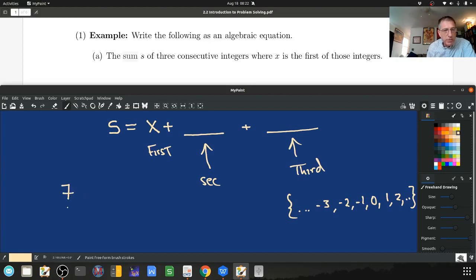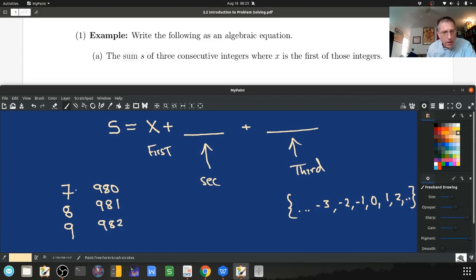Then the next one would be 8, and the next one would be 9. On the other hand, if our first integer was 980, then the next would be 981, and the next would be 982.